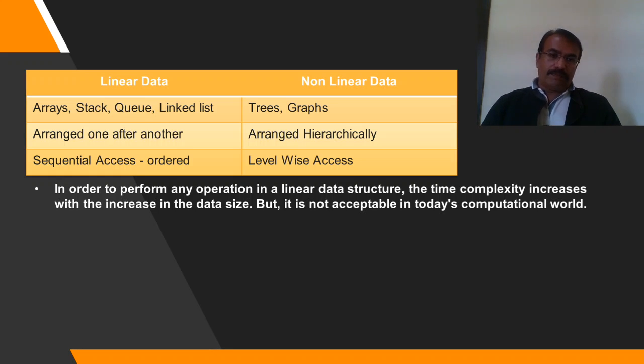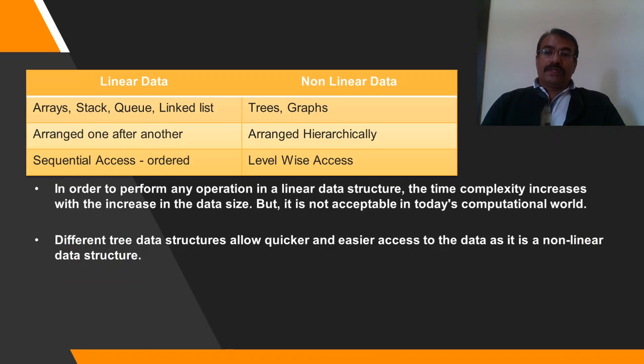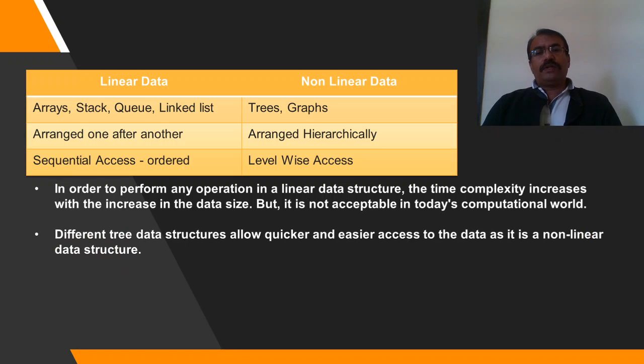We are provided with bulk data. Continuously the data is getting generated. At that time, handling the data sequentially will not be advisable. Rather, we'll opt for hierarchical data and a tree structure, which will allow quicker or easier access to the data as it is a non-linear structure.